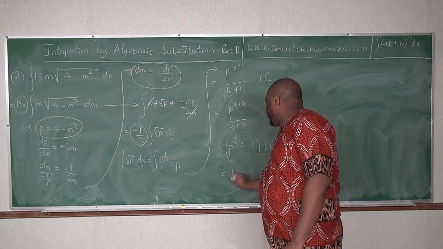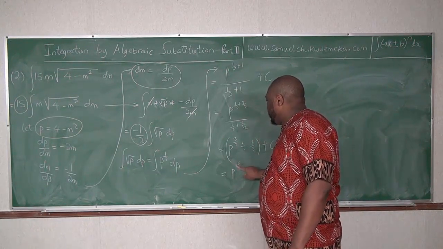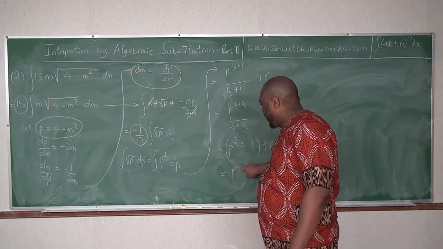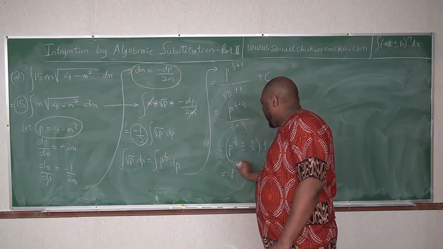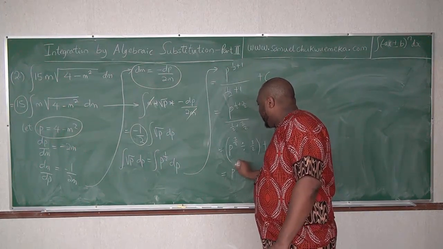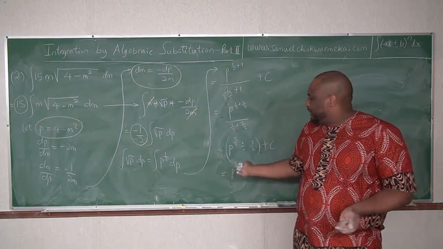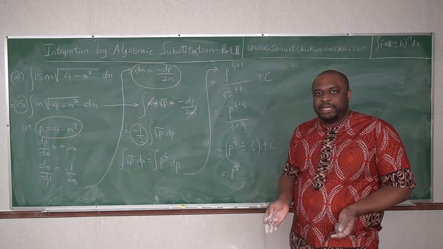Which will give us P, because interestingly, some people mess up in just simplifying. Can you imagine that? Some students do it well and they just make a mistake on the simplification.